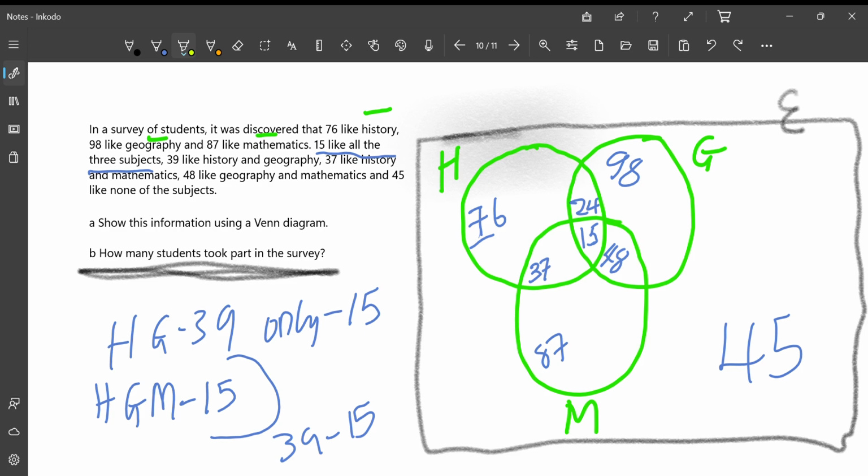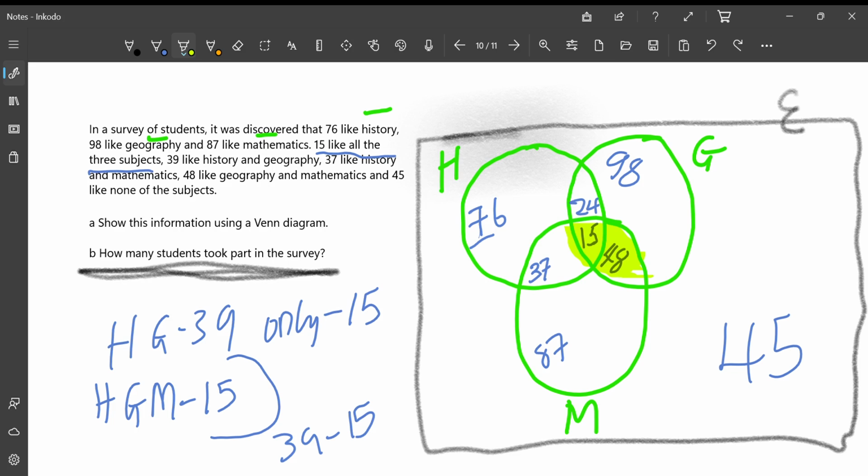So it's the same thing I'm going to do for this circle as well. This 48 is for this entire circle of geography and maths. So if I want to know only just this geography and maths alone without history, the third part, I will also subtract 15 from it. So that's how I get these inner circles.